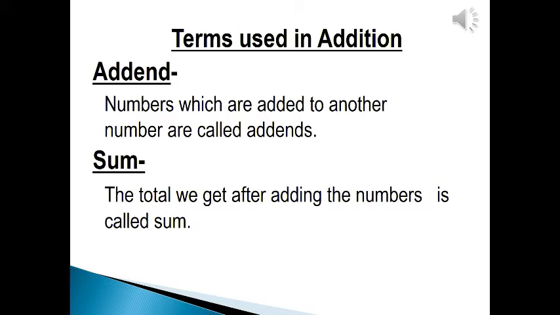First, we will understand what is addend. The numbers which are added to another numbers are called addend. And the next term, sum. The total we get after adding the numbers is called sum.